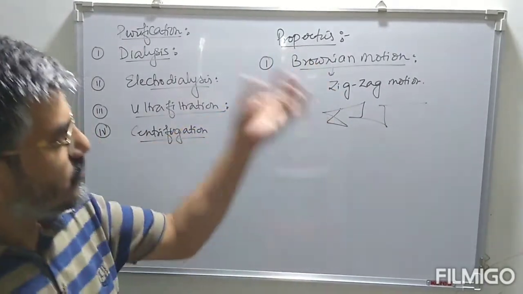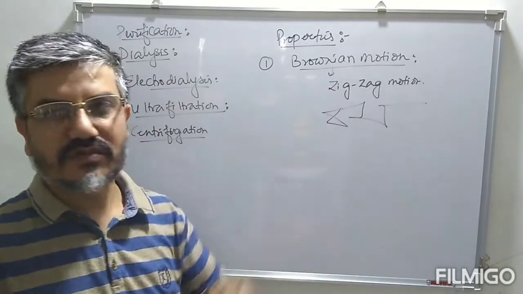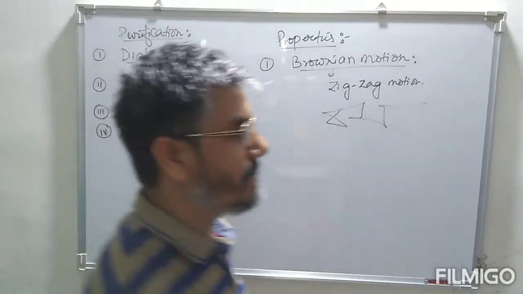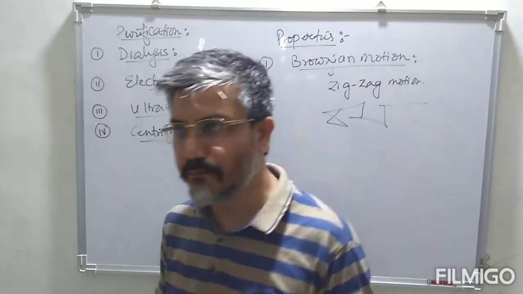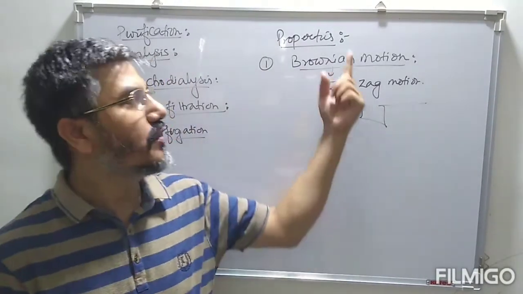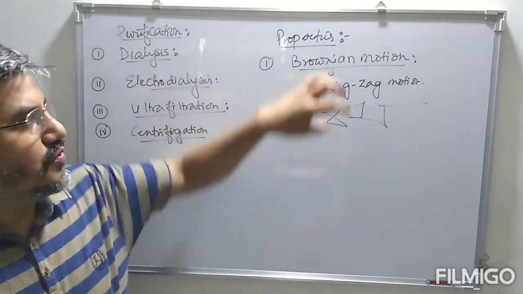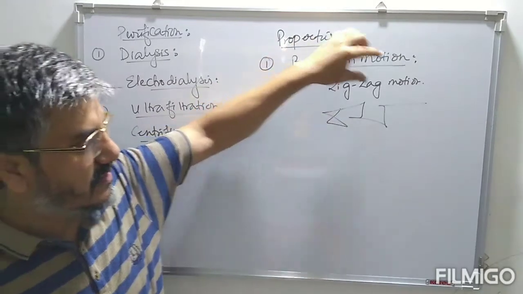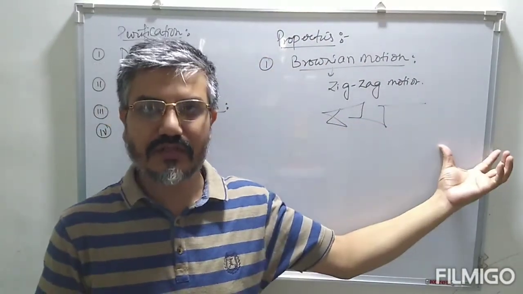Now, what is the cause of this Brownian motion? The cause of this Brownian motion is unequal impact or bombardment of the particles of colloidal solution by the dispersion medium. So we have Brownian motion, that is zigzag or irregular movement of particles of colloidal solution.